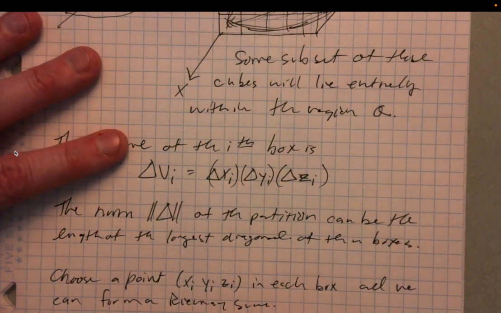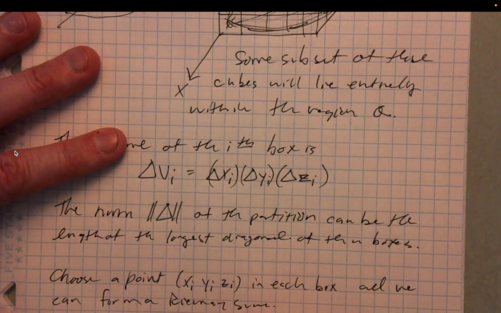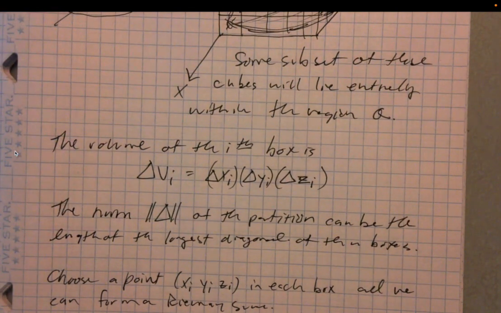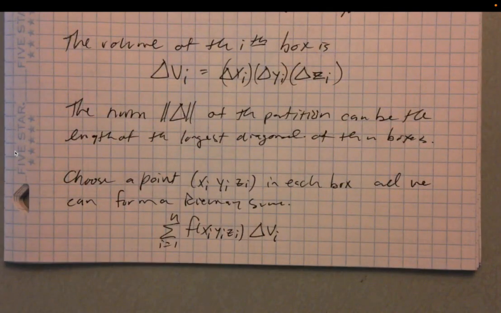Right, the Riemann sum looks like this: the sum from i equals 1 to n of f of xi, yi, zi times delta vi. Right, and then by taking the limit as the norm goes to 0, we can get the following definition of the triple integral. Okay, let's take a look at the definition.